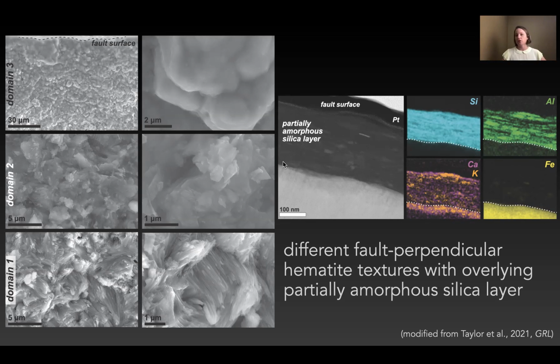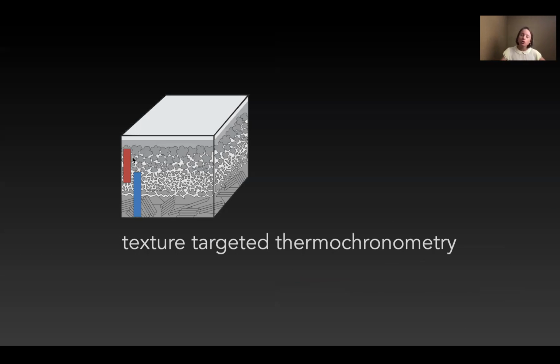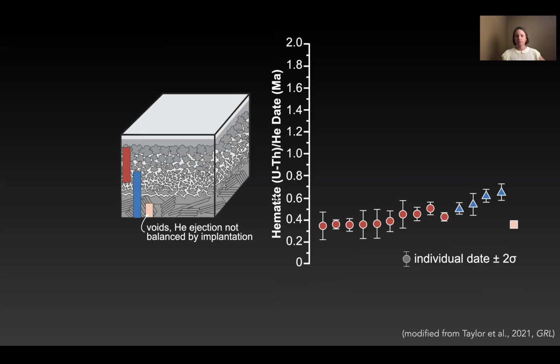TEM has also revealed the presence of partially amorphous silica right at the slip surface. Combined, these textural observations support extreme comminution and mechanical amorphization of the hematite and the adjacent silica-rich rock. This process is probably aided by fluids and a little bit of temperature. And so we're able to target these specific hematite textures for thermochronometry.